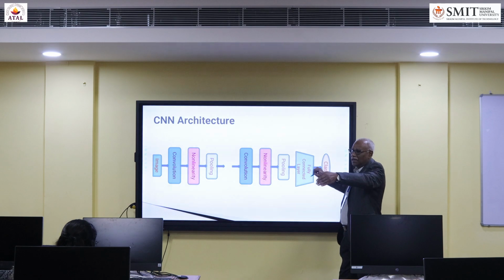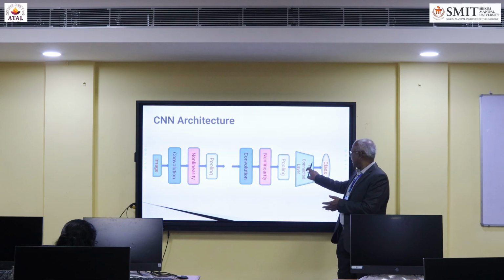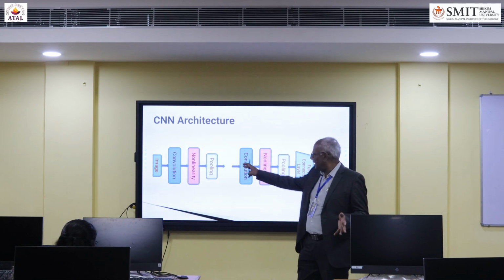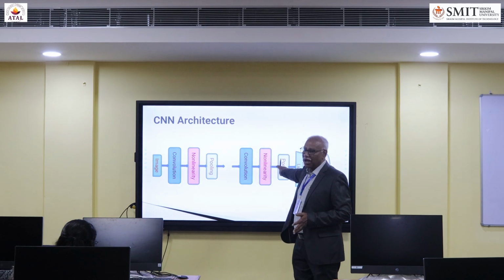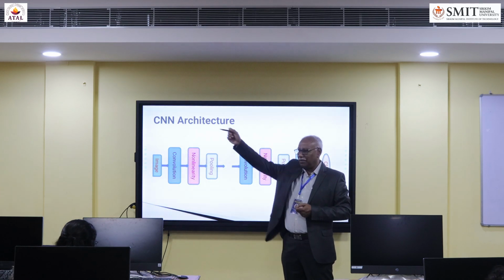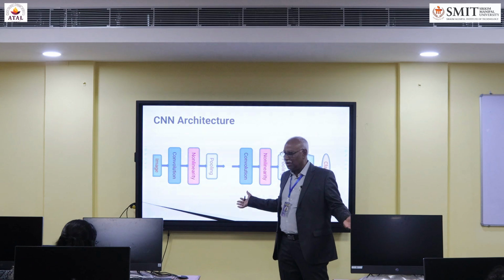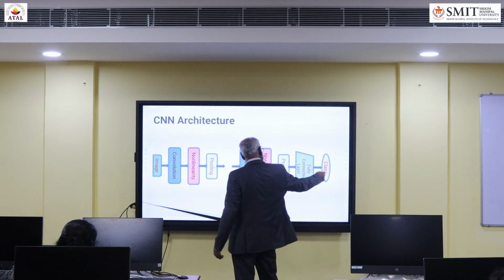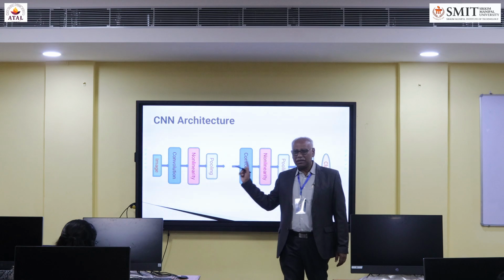This part is the multi-layer neural network, which gives you the output of the classification: given an input image, to which class that image belongs, whether it is the image of a dog, a bird, a mango, whatever. And the entire training will be the same, following back propagation and gradient.